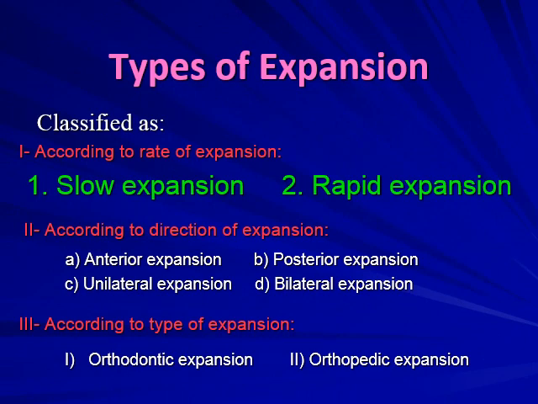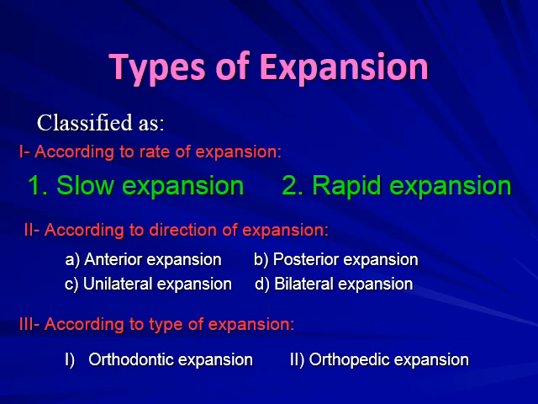We can classify the types of expansion according to the rate of expansion or the rate of activation into a slow expansion and a rapid expansion. We can classify it according to the direction of expansion. يعني بفتح في أي اتجاه. Is it anteriorly or posterior?